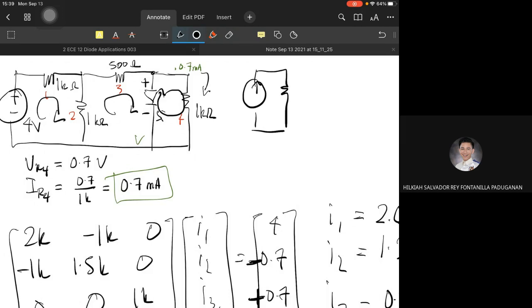Paspasan na ako ni. 4 over 1K, 4 milliampere. And parallel sa 1 case is 500. Then 4 times 500 is 2.